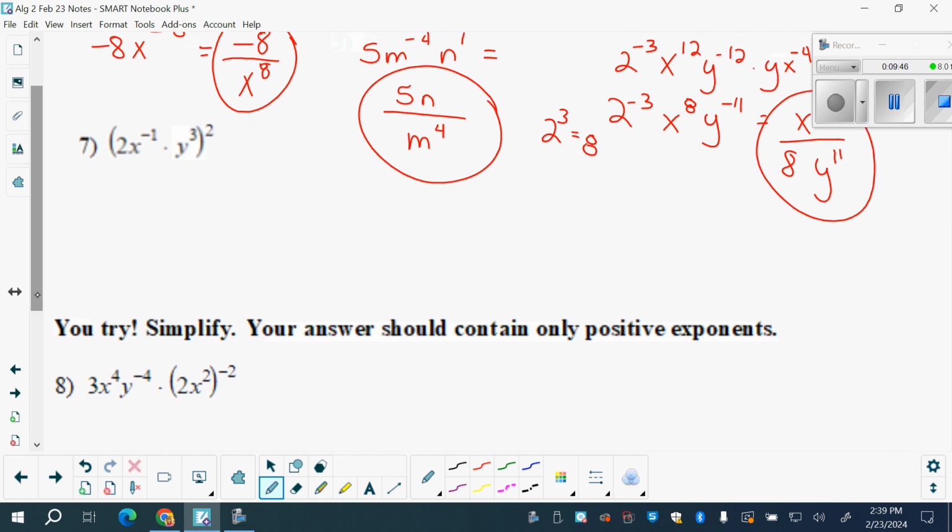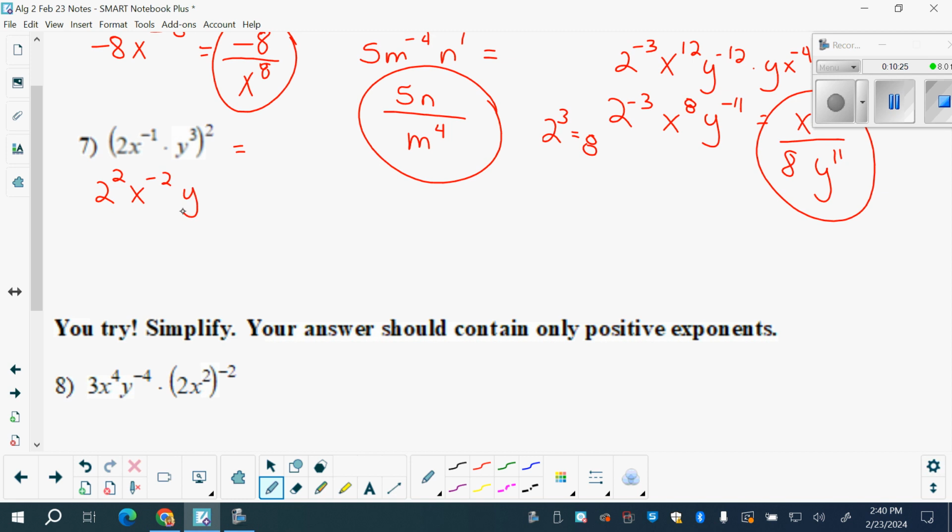Okay, and number 7. Leah, can you do that for us? Were you here yesterday? Oh, okay. So, Raphael, you were taking your test though. So do you know what to do with exponents? Yes, very good. So we're going to take 2 squared, and then this would be x to the -2.